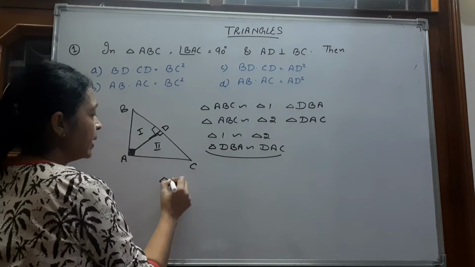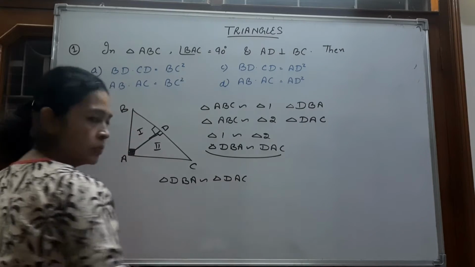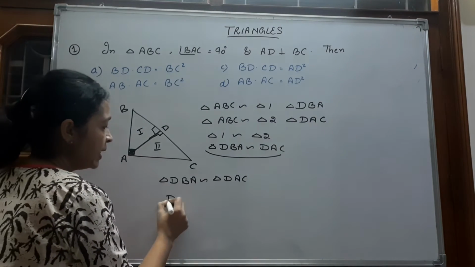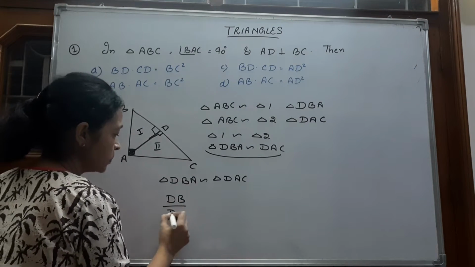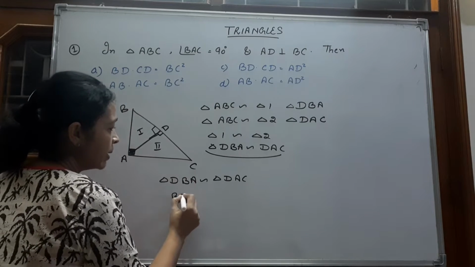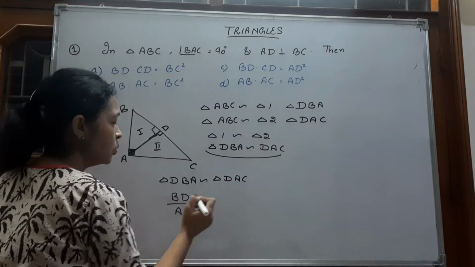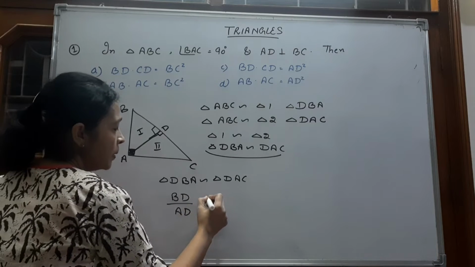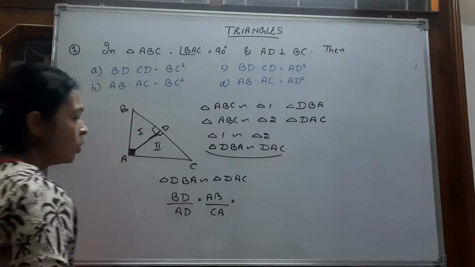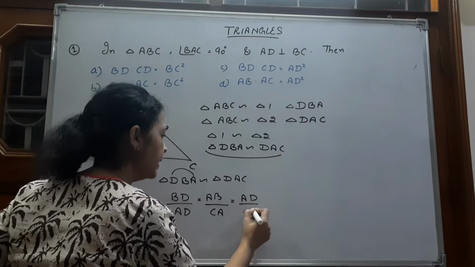We know triangle DBA is similar to triangle DAC. When two triangles are similar, sides are proportionate. So BD upon AD equals AB upon CA equals AD upon CD.